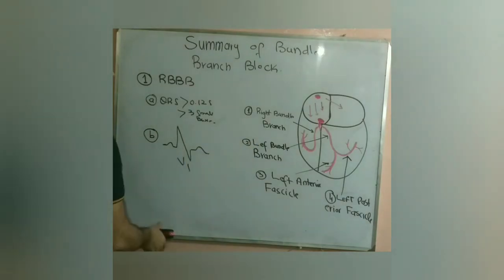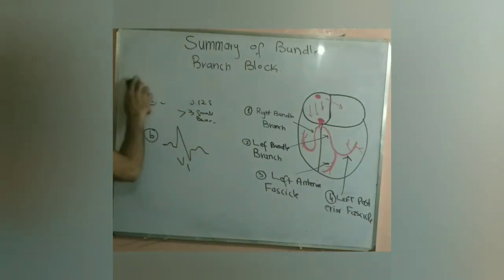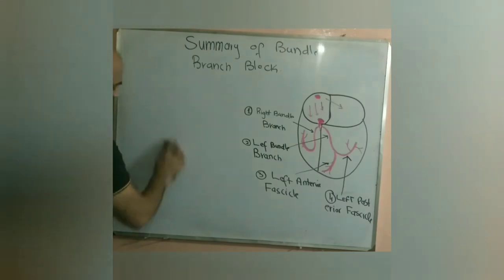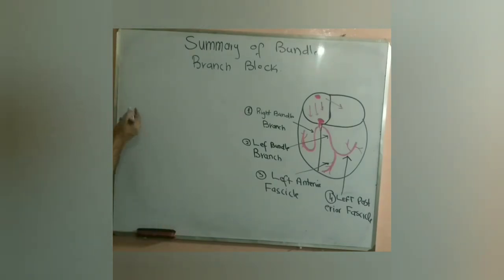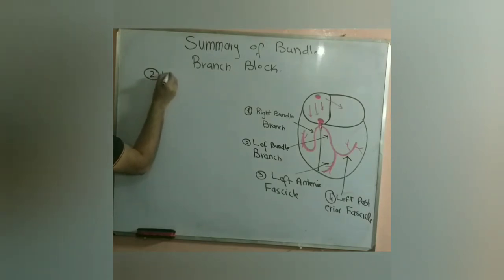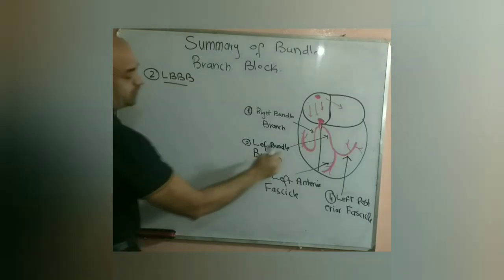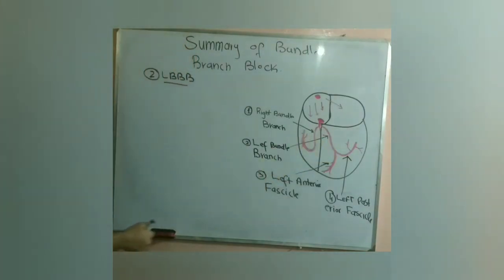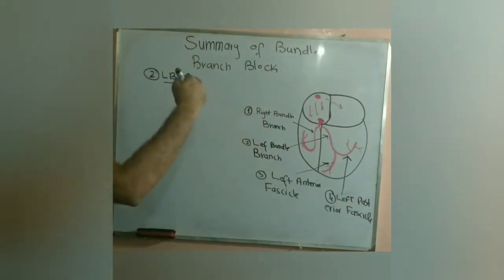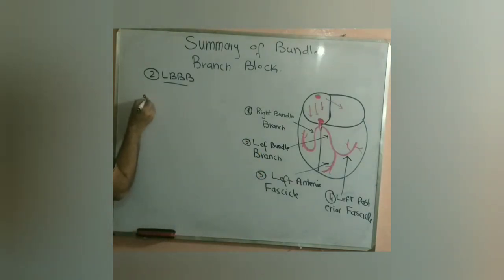Now comes the left bundle branch block. On the second number it is the left bundle branch block. If the block is here, this left main branch is blocked, then the changes will be, firstly, there will be a broad QRS complex.